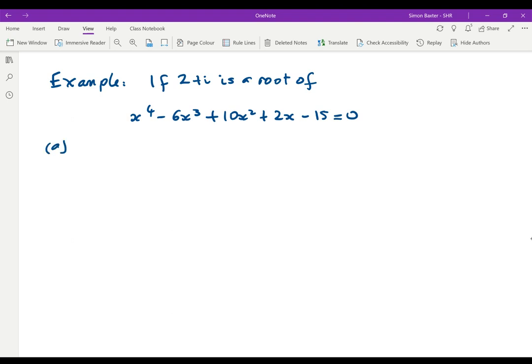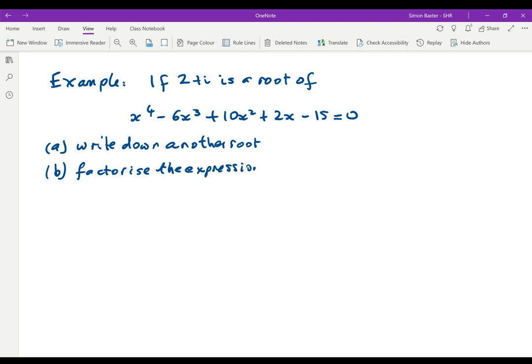A, write down another root, B, factorize the expression over the real numbers, and C, solve the equation.